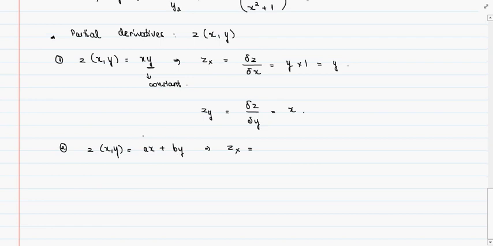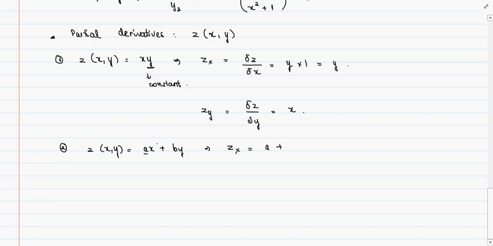So I've got the sum rule over here, where if I differentiate ax with respect to x, I'll get a, because it's just a constant there. And plus, that's the sum rule.